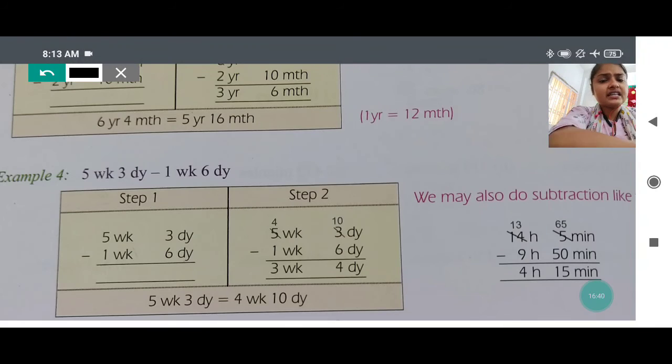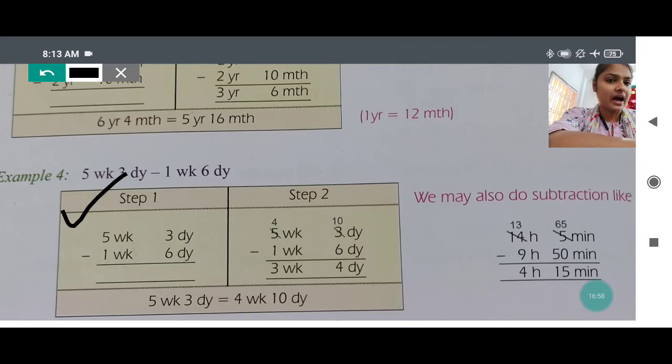You can see it is given 5 weeks and 3 days minus 1 week and 6 days. In the first step, you can see I am arranging the numbers according to their unit. Days I have written in the days column and weeks in the weeks column.